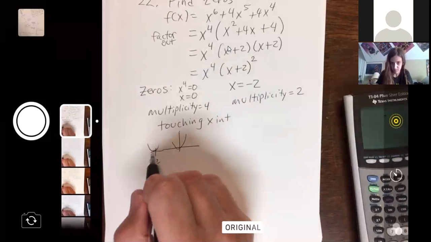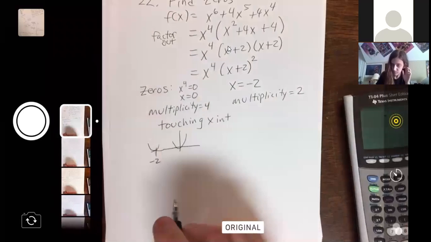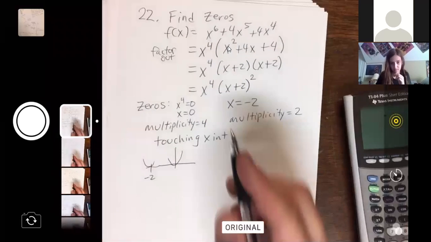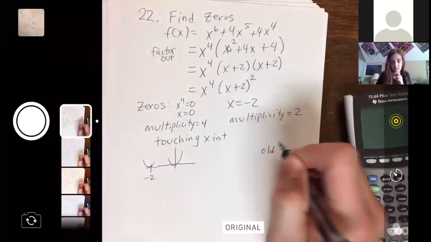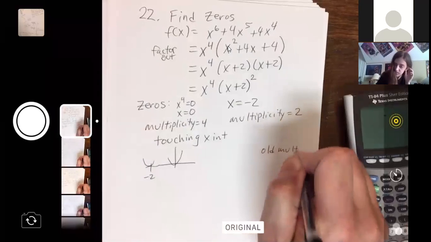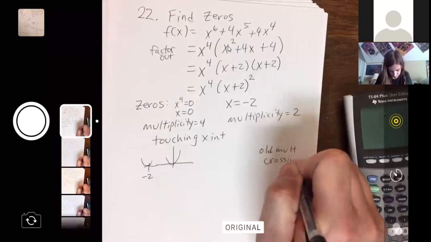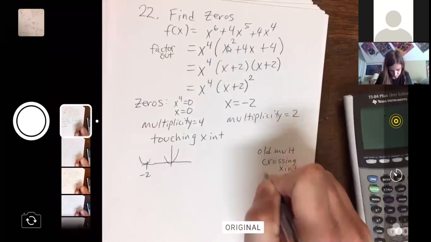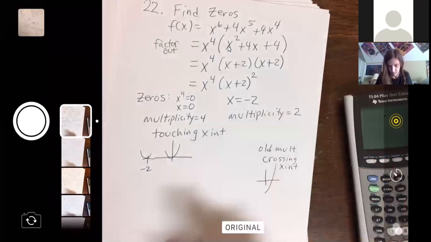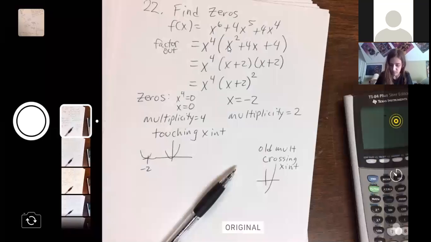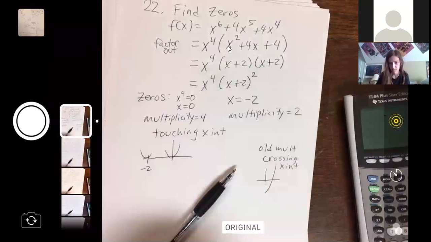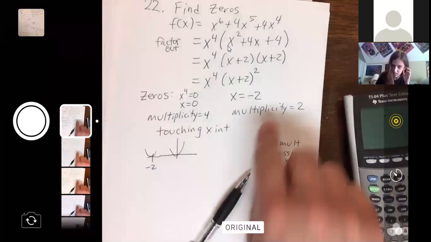Whether it touches from below is hard to see without the graph, whereas odd multiplicity meant crossing x-intercepts. Not that you probably care about these details, but that's why they're asking: you can tell what it does on the graph, whether it touches or crosses. They didn't really ask for touching or crossing, so really they wanted you to stop at multiplicity.